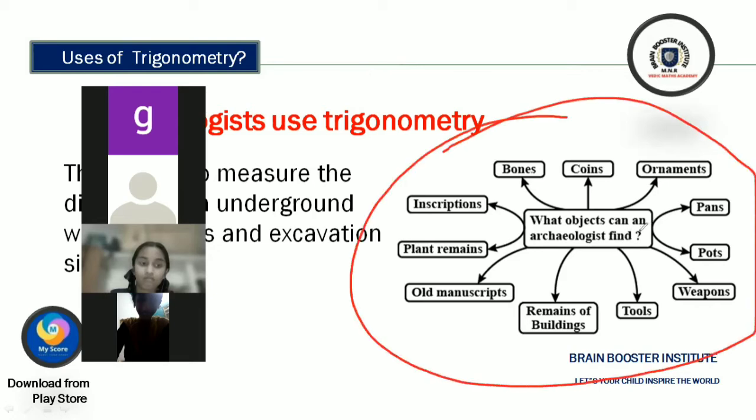Then what objects can an archaeologist find? Coins, ornaments, pans and pots, weapons, tools, remains of buildings, old manuscripts, plant remains, inscriptions, and bones also. How can you find them, children? Is it possible to find? What is meant by archaeologist?